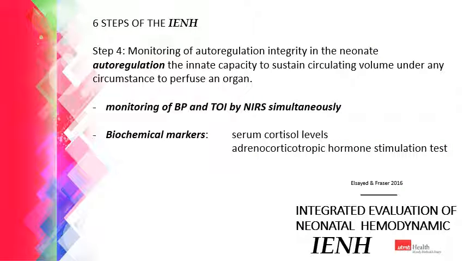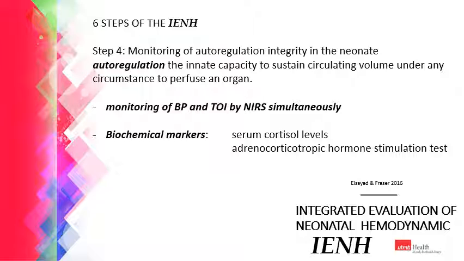Step 4, monitoring of autoregulation integrity in the neonate. So autoregulation is the innate capacity to sustain circulating volume under any circumstance to perfuse an organ. So this is more like our homeostasis to balance everything at the cellular level. One example is monitoring of the mean blood pressure simultaneously with the TOI using the NIRS.